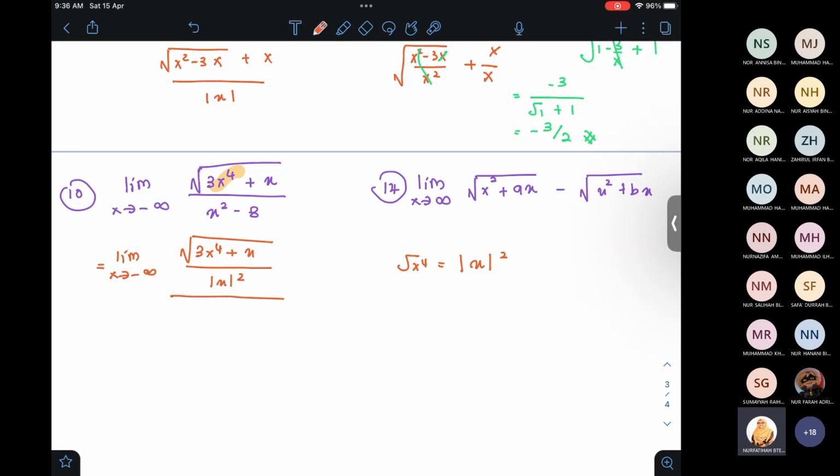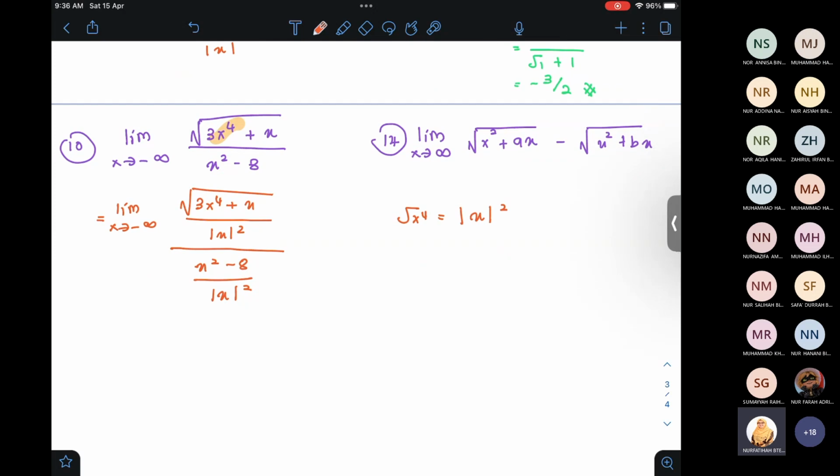For the bottom part, we have x squared minus 8 divided by modulus x to the power of 2. For the part with the radical, we substitute the modulus into the radical. For the bottom part that doesn't have a radical, we need to open the modulus. So for the upper part, we put it inside the radical: 3x to the power of 4 plus x, and modulus x squared becomes x to the power of 4.